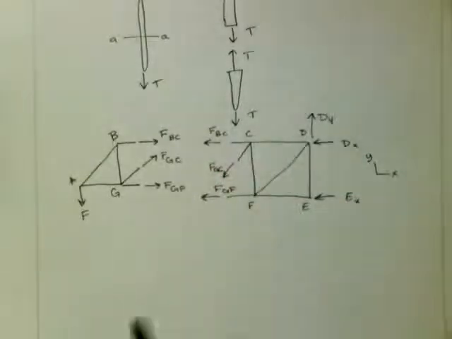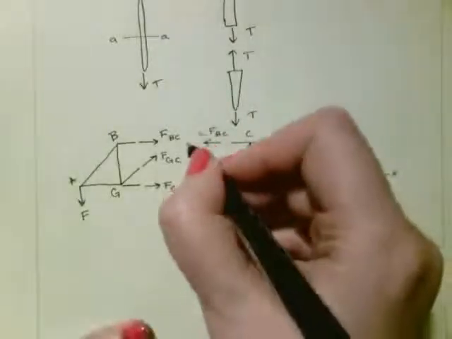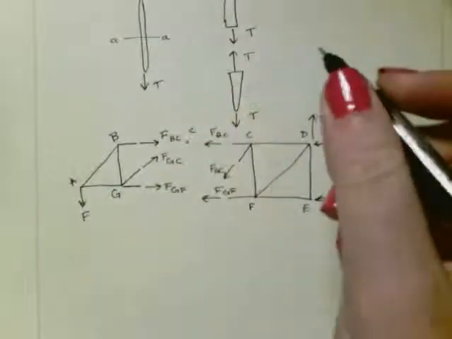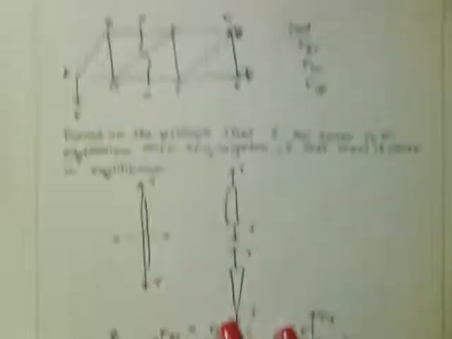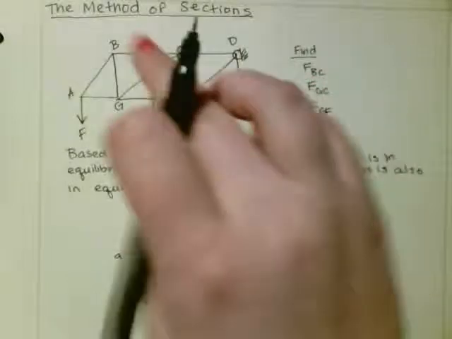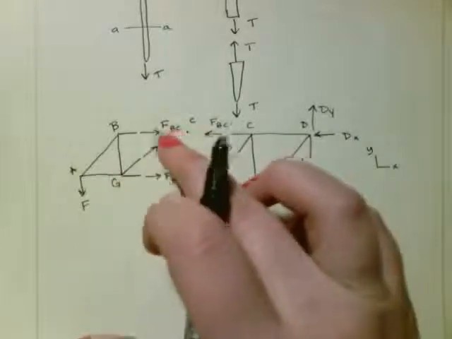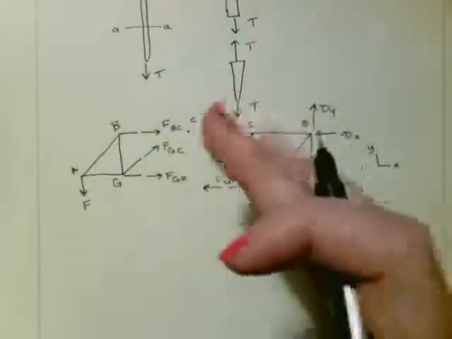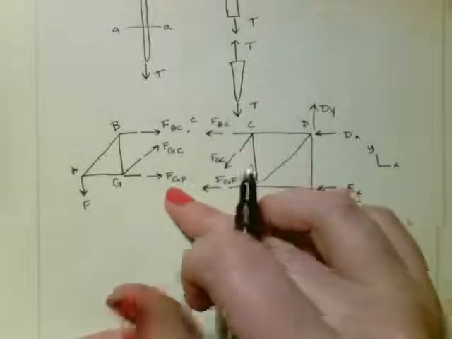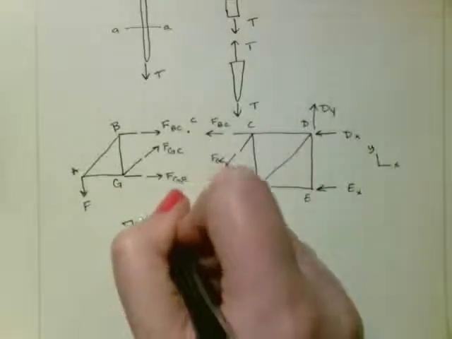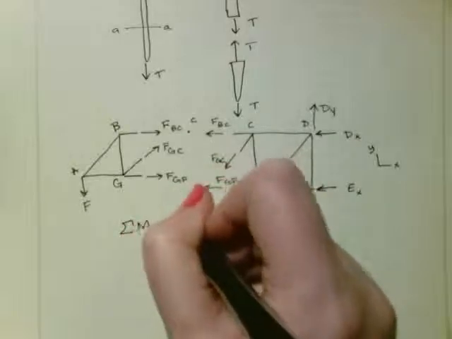If we sum the moments about point C, point C is basically this imaginary point in space, where FGC and FBC align. These two would cancel because they go through point C, so there's no moment. FGF would create a moment, and F would create a moment. So if you sum the moments about point C, you get FGF.